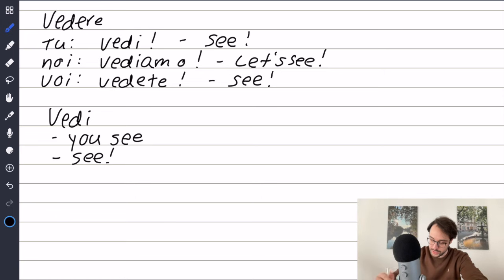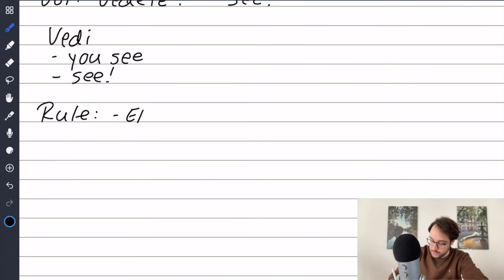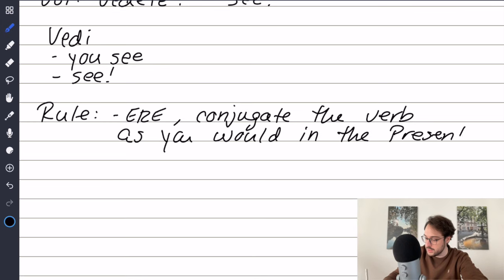So the rule here, it's very simple. If you want to take a verb and you want to put it in the imperative, just conjugate it as you normally would. So conjugate the verb as you would in the present. In the indicative present, that is, the indicativo, or presente. That's it.